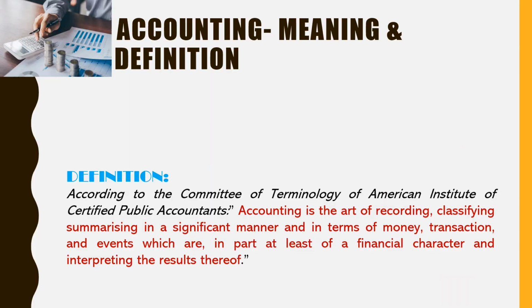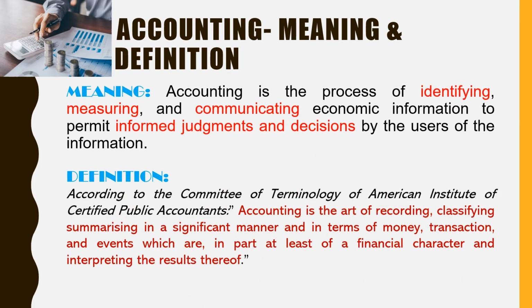The first important term is the meaning of accounting itself. So you need to know the meaning of accounting very well. So what does accounting mean? Accounting is a process of identifying, measuring, and communicating economic information to permit informed judgments and decisions by the users of accounting information, which means accounting is a process.